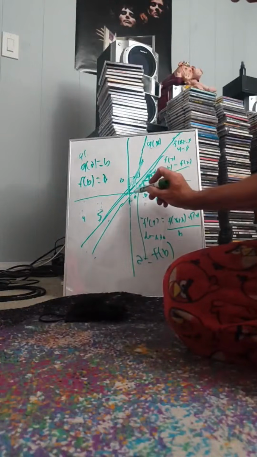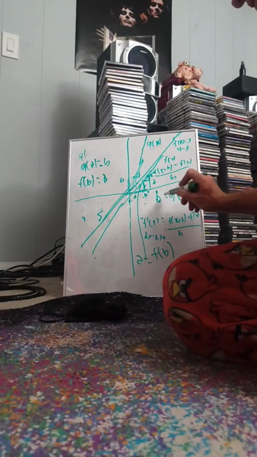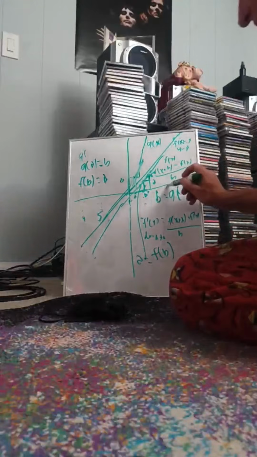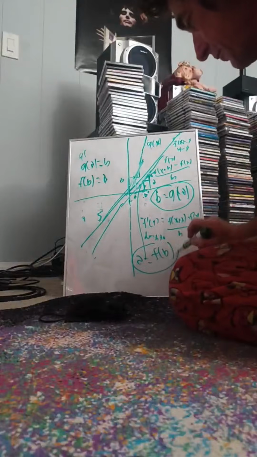Yeah, f of B equals A. That's right. And g of A equals B. Okay, there we have it. These two equations work. So far, so good.